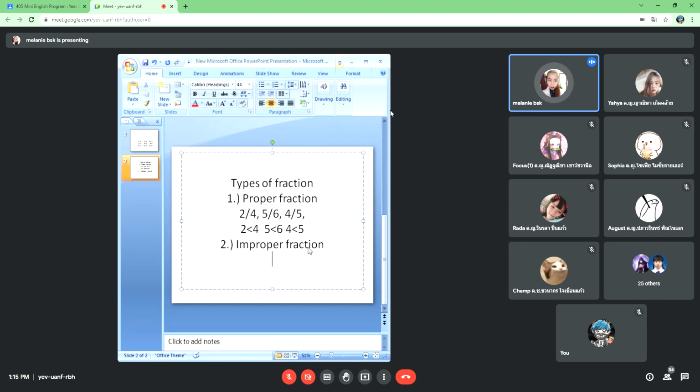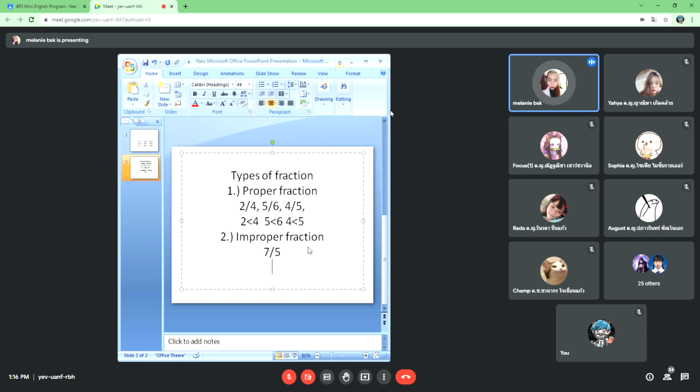So this one is the numerator, and the numerator is greater than the denominator. So 7 over 5 is an improper fraction. Why? Because 7 is greater than 5.